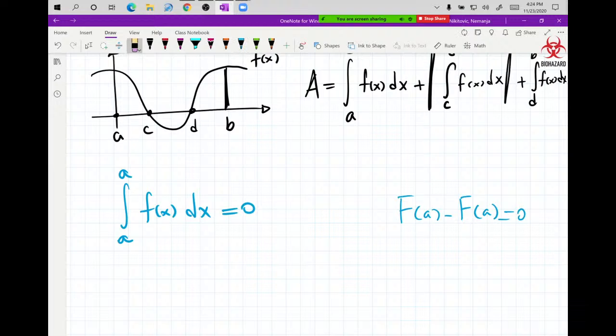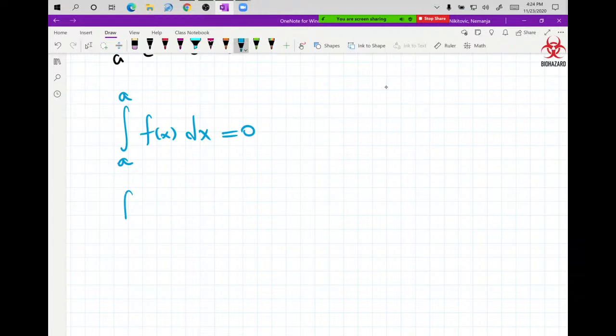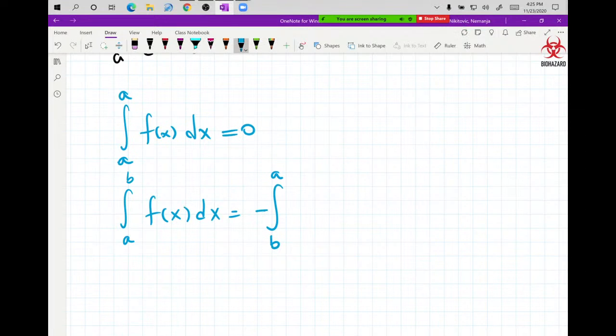So this formula kind of should be obvious. And one formula that will be used again in Calc 1 here in 5.5, if you need to switch the limits of integration, you can do so, but you have to put the minus sign in front.